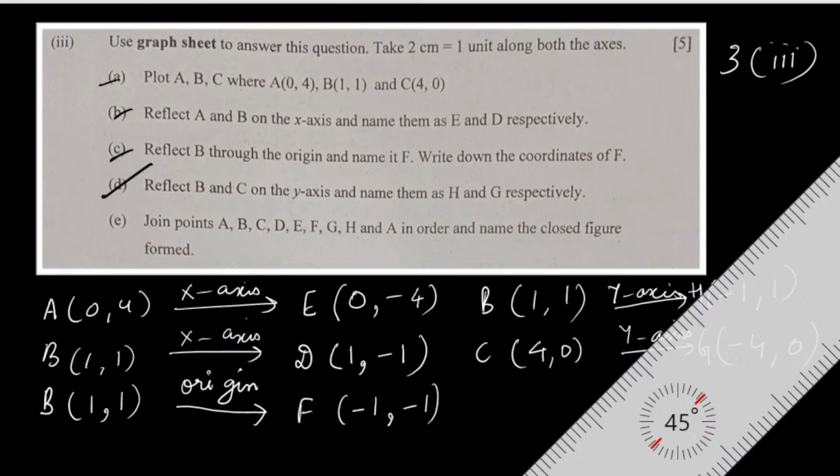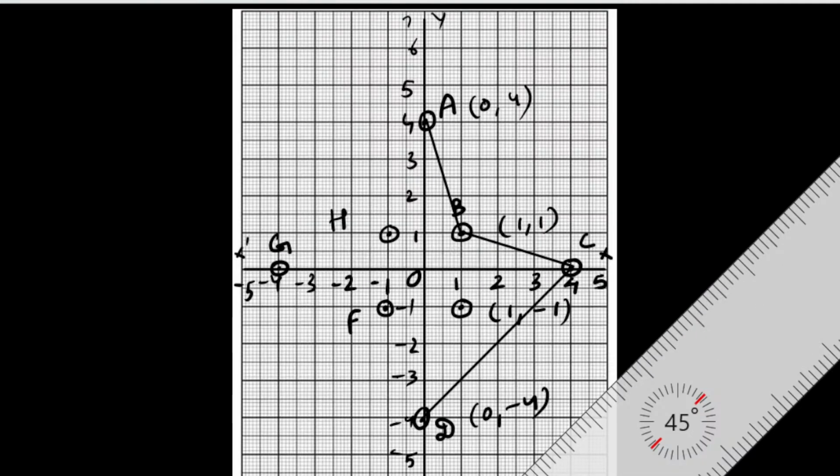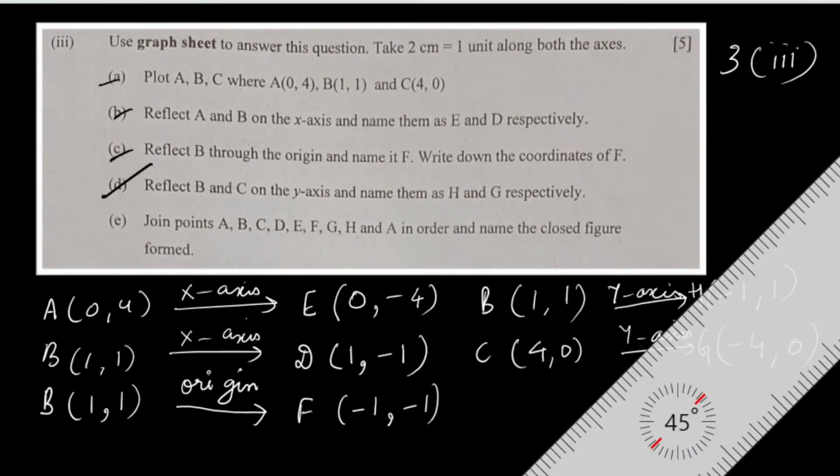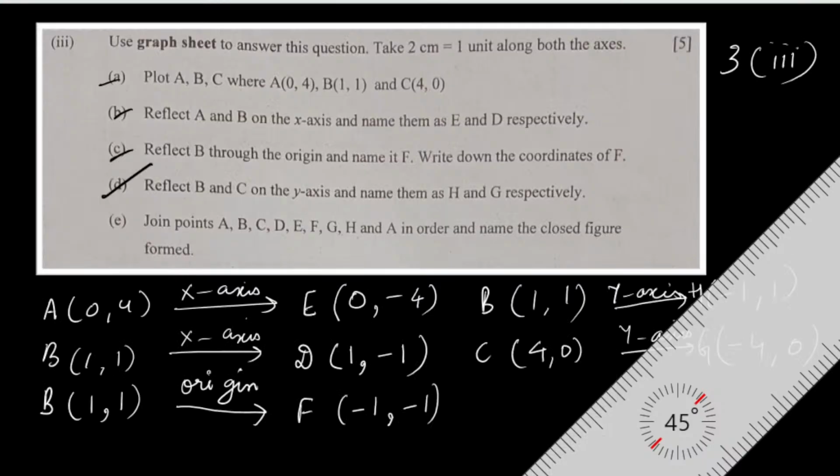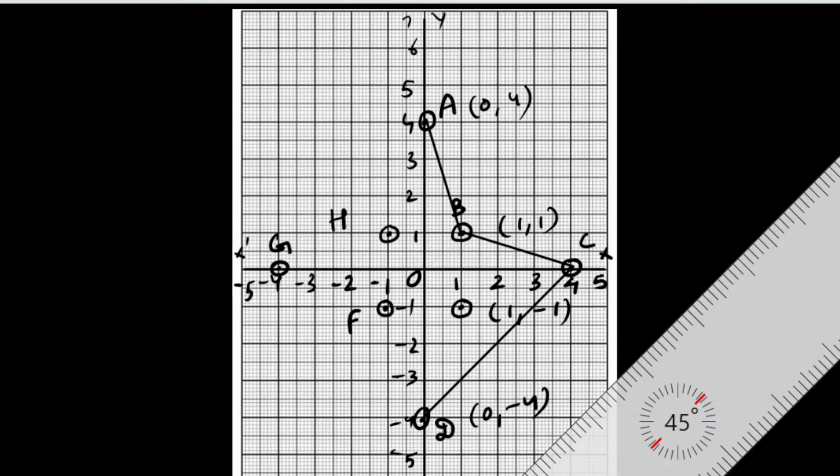E is 0 comma minus 4. D is 1 comma minus 1. This is D point.